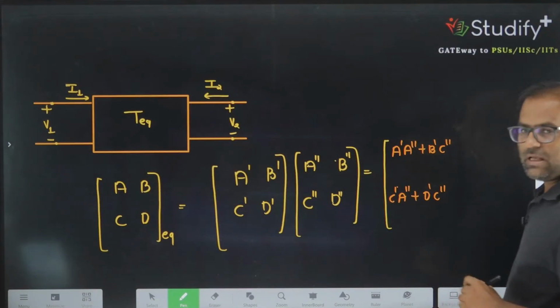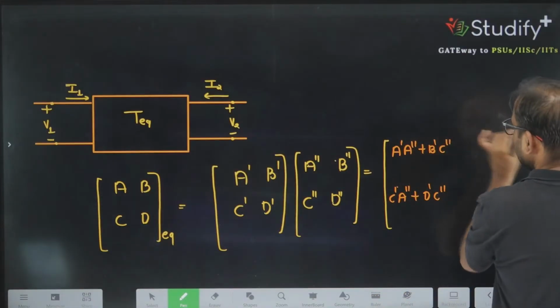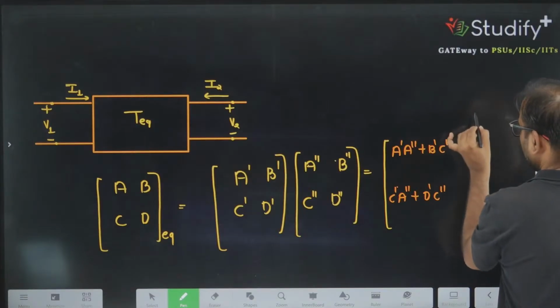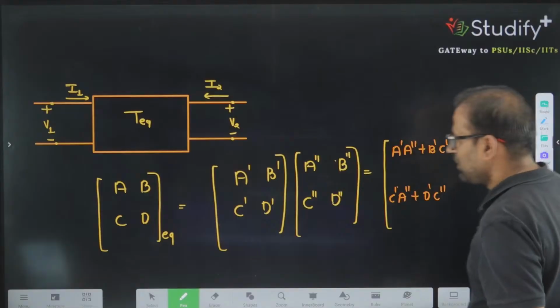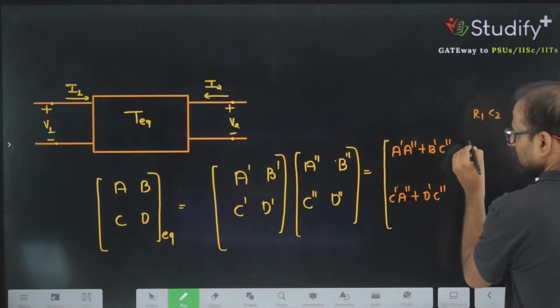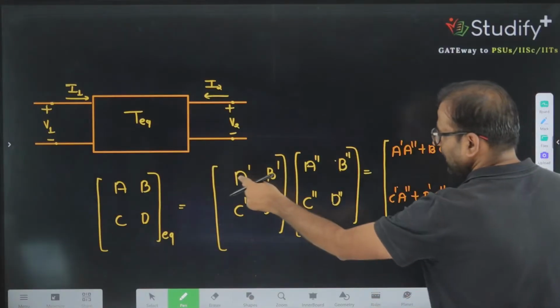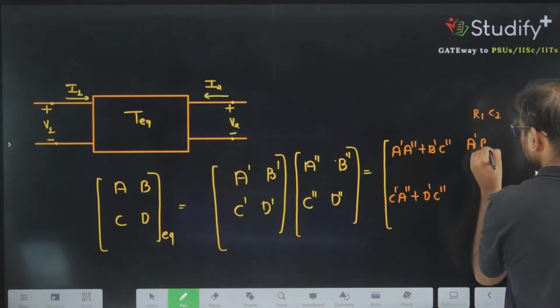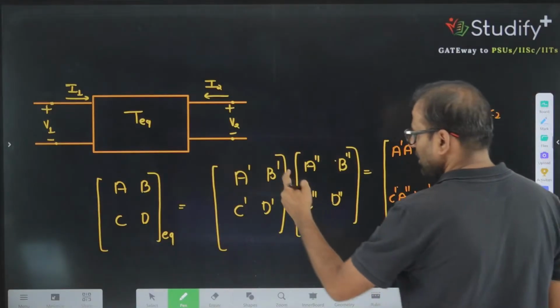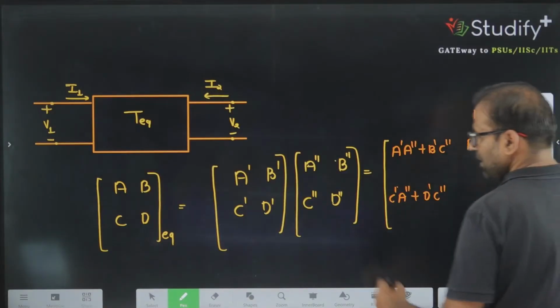Then the next element you will obtain from row 1 column 2. So this is A prime B double prime plus B prime D double prime.